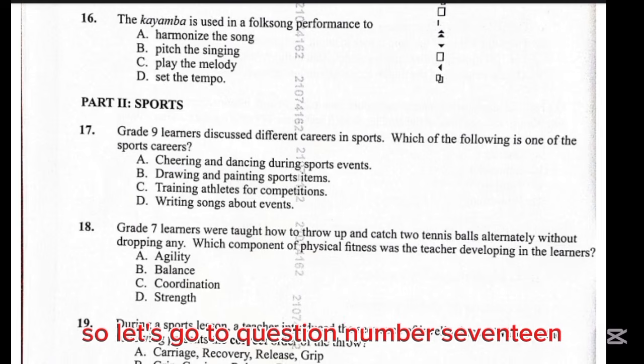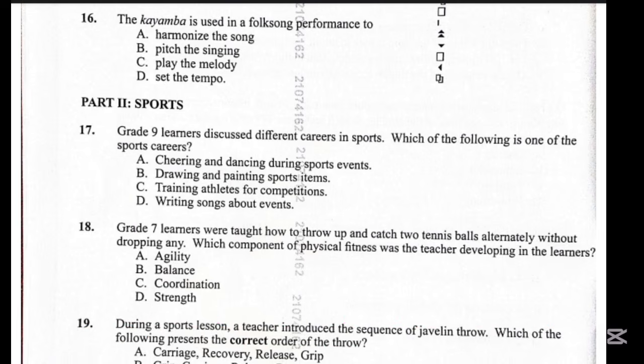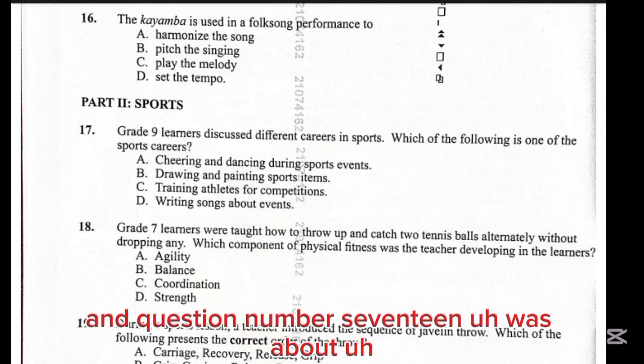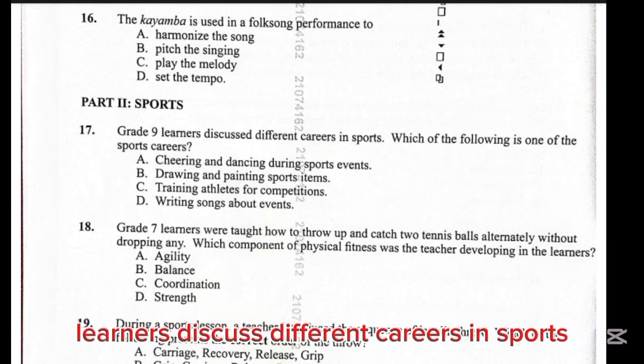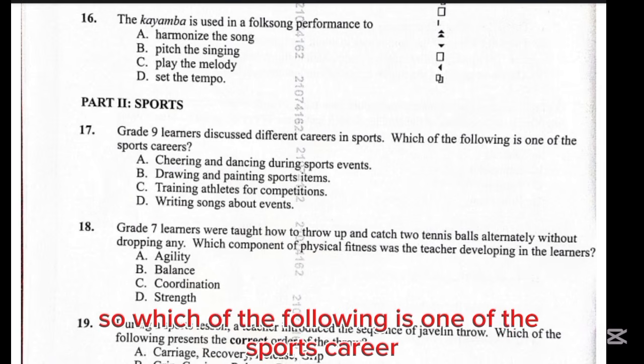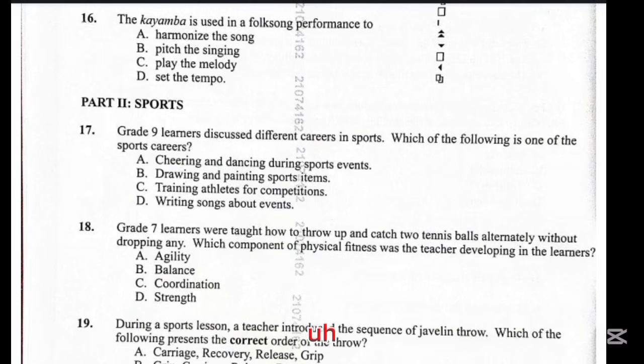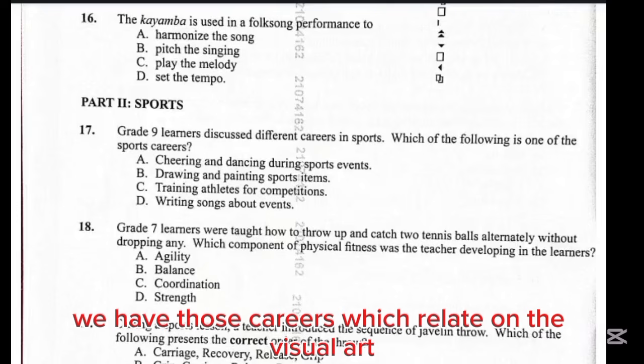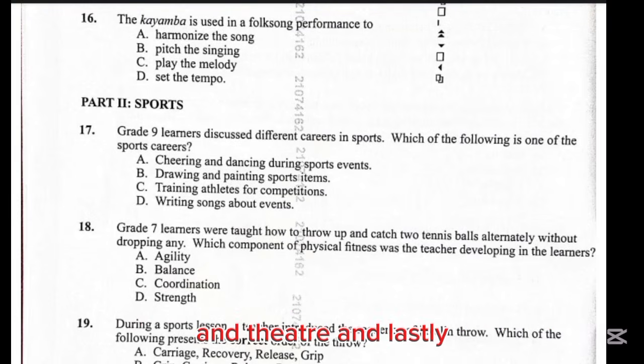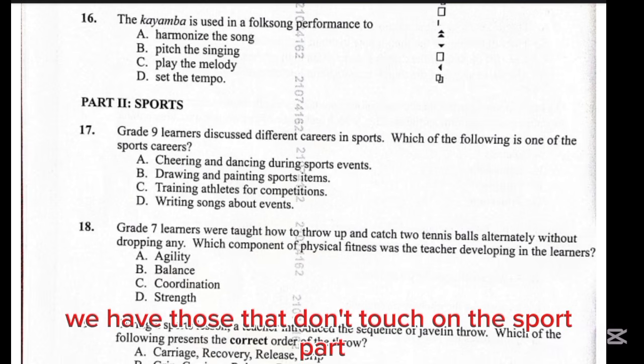So let's go to question number 17. Question 17 was about grade 9 learners discussing different careers in sports. Which of the following is one of the sports careers? Remember, when we talk about careers, we have those which relate to visual art, music and dance, film and theater, and lastly those that touch on the sport part.